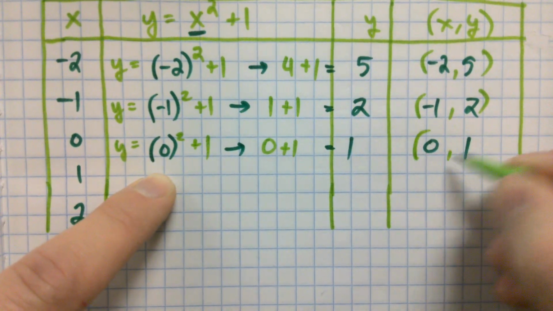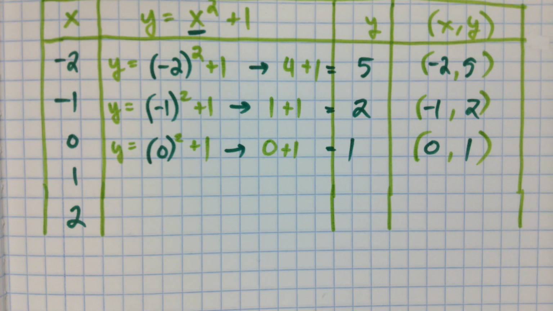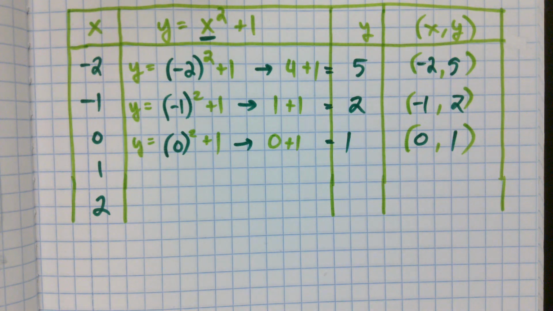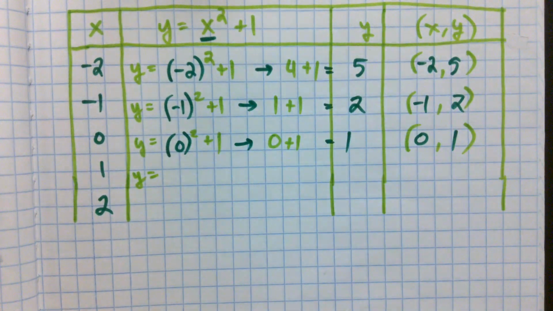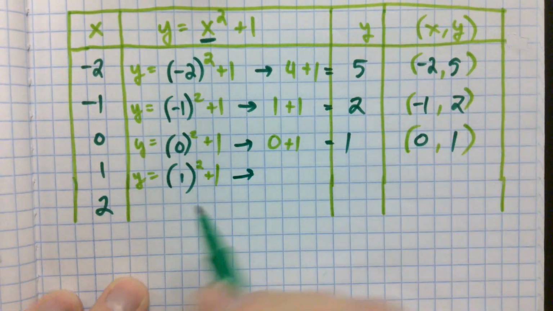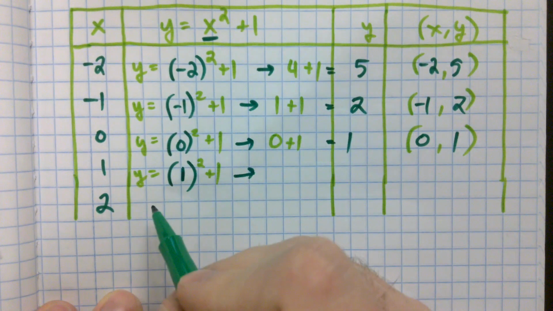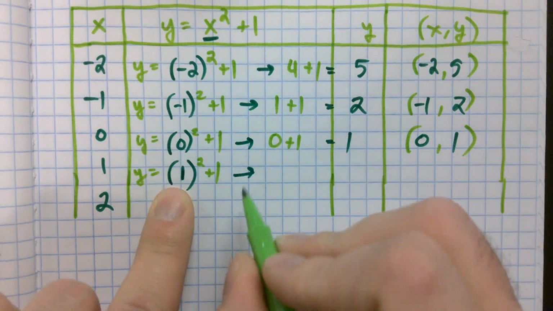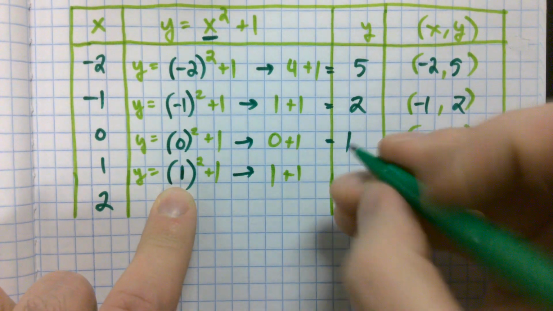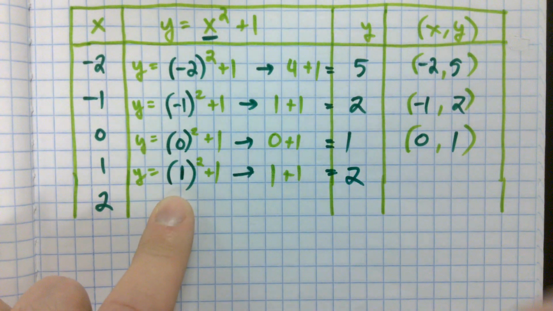So my solution is 0, comma 1. Second to last input is 1. Y is equal to 1 squared plus 1. What's 1 squared? Is that 2? No, it's 1. 1 times 1 is 1. And 1 plus 1 is 2.